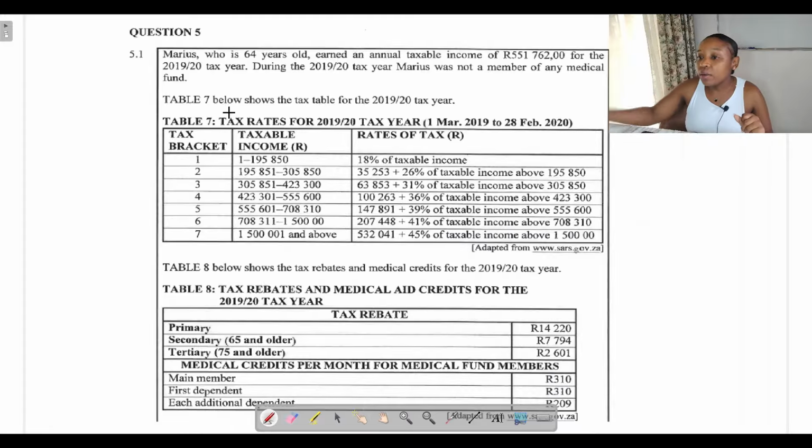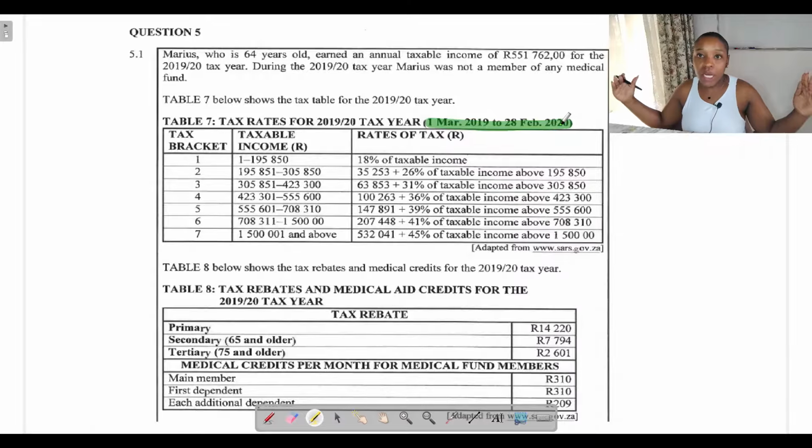So table 7 is tax rates for the 2019 to the 2020 tax year. So that period is from the 1st of March 2019 to the 28th of February 2020, right? So that is the period that we are looking at, right?